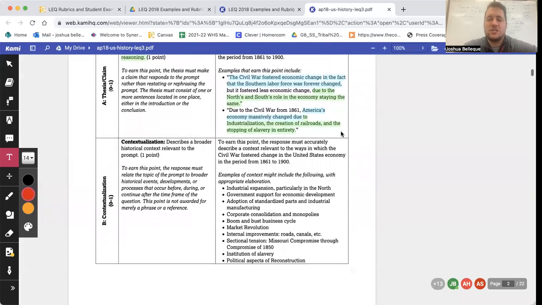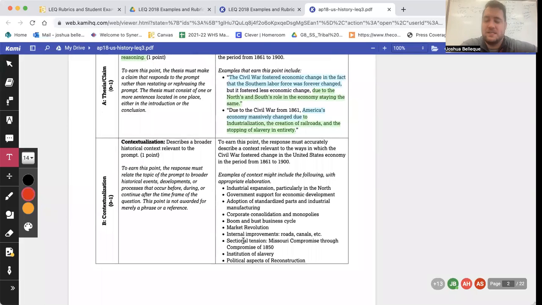Then contextualization. Like Heimler said, you can do contextualization for during the time or afterwards, but it makes more sense for students to do it before the time period. So here you want to describe something that was happening before the Civil War. Again, you can do continuing, but it could be harder.